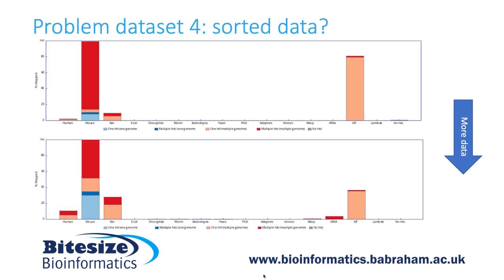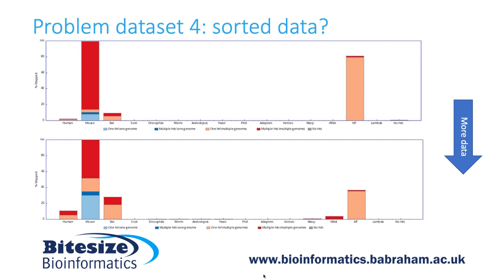So here we have a slightly more complicated example of a potential problem. What we did to get hold of the data: we went once more to the public repositories and we downloaded a large number of mouse RNA-seq datasets. Because we were trying to download a huge number of datasets, this wouldn't actually be practicable in terms of the data download and the amount of storage required on our systems.